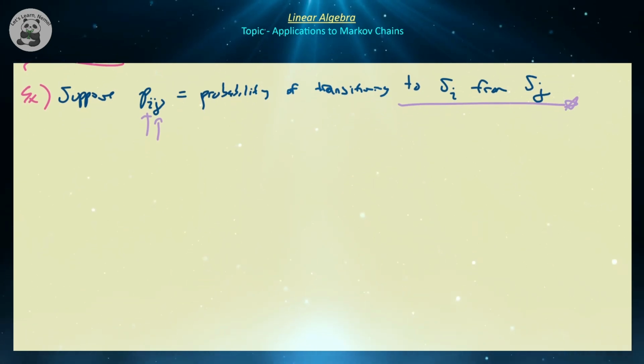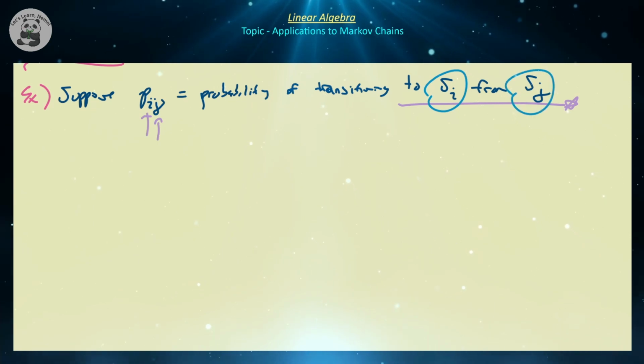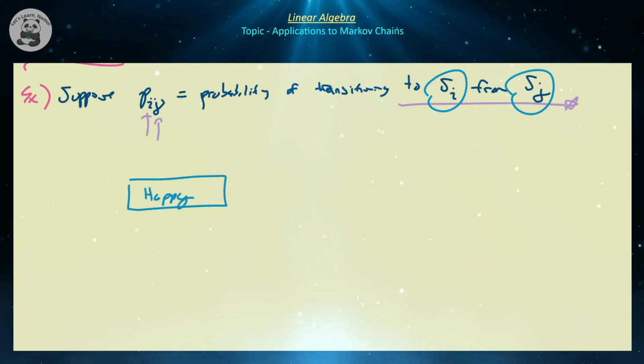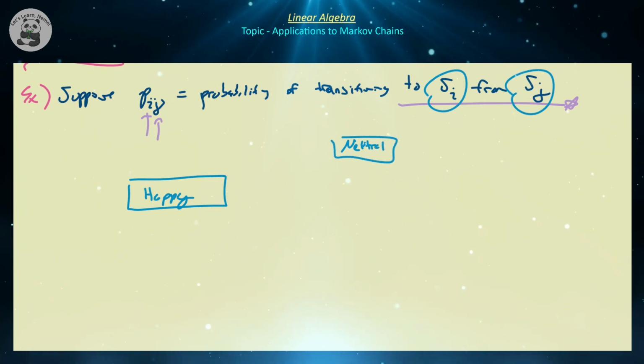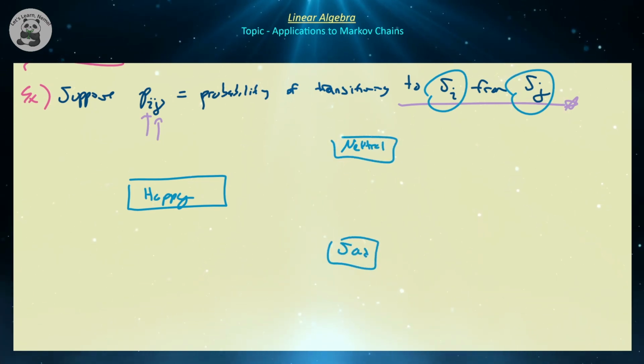So how many states do we have here? What is the range of i and j? If we work with the same exact example, happy, neutral, sad, then we have the happy state, the neutral state, and the sad state located down here. So we have state 1, state 2, and state 3.